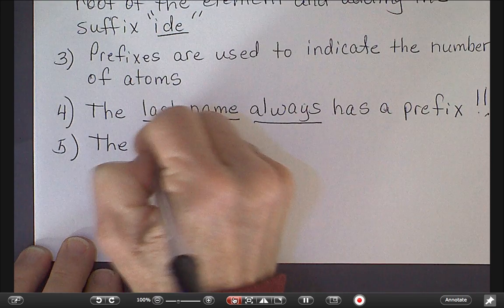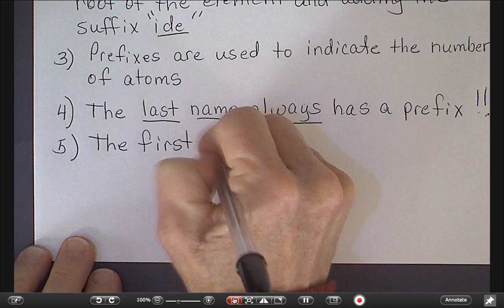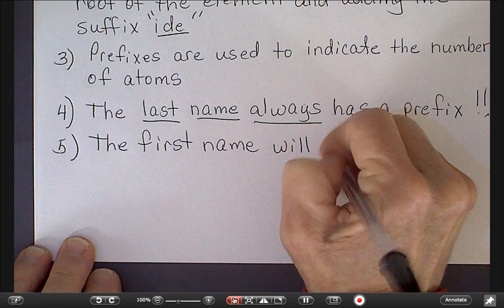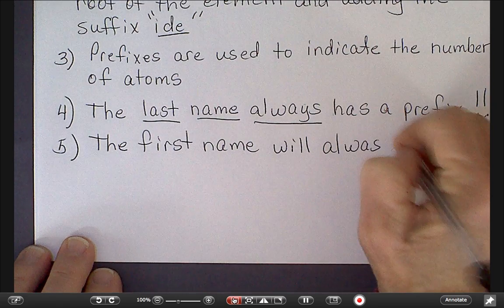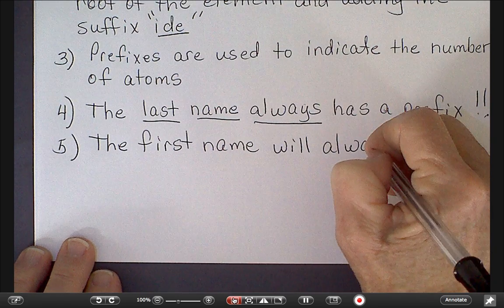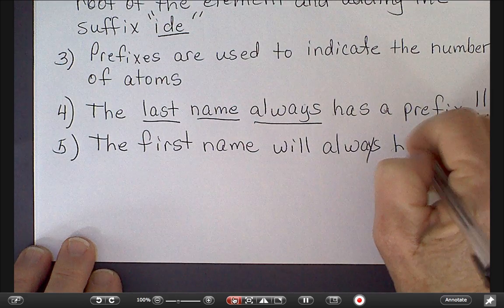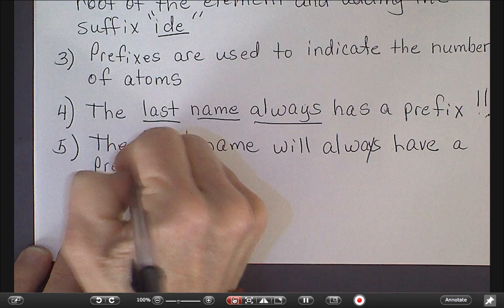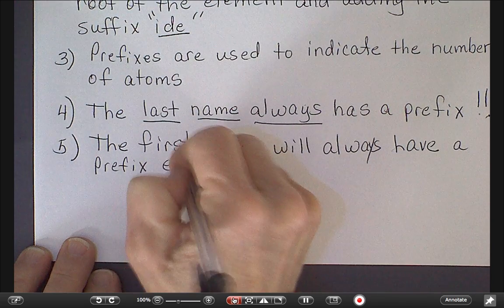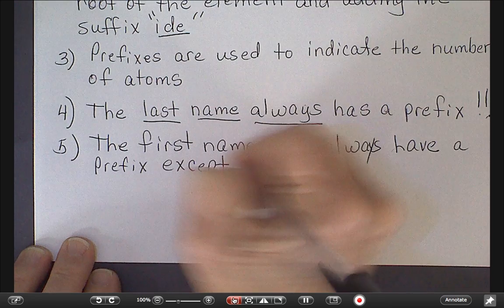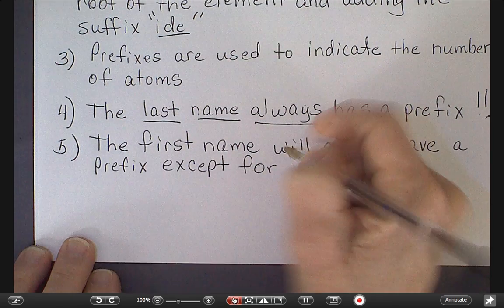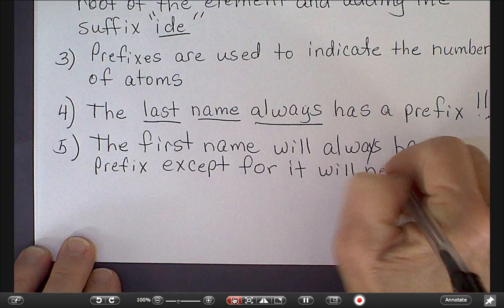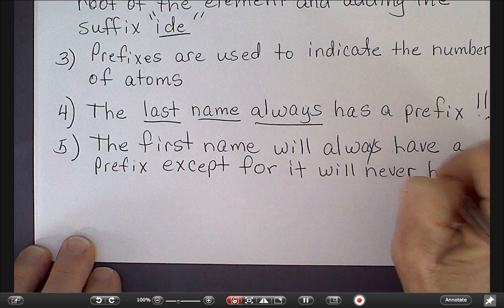The first name will always have a prefix, except, here's your exception, for it will never have mono.